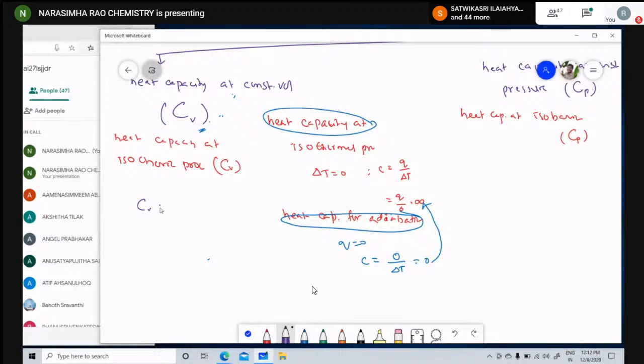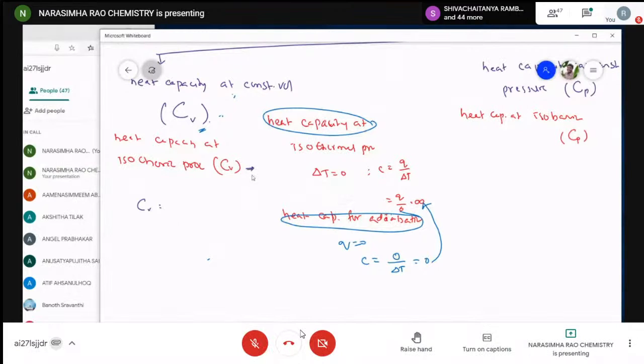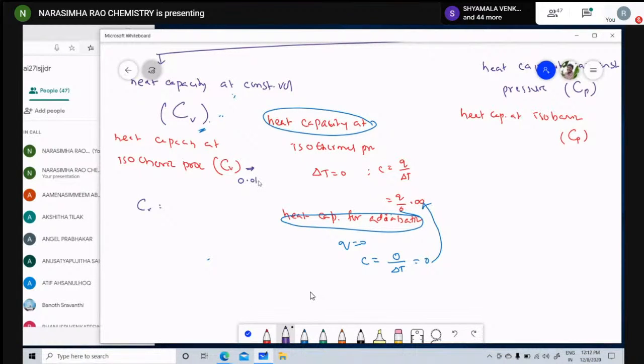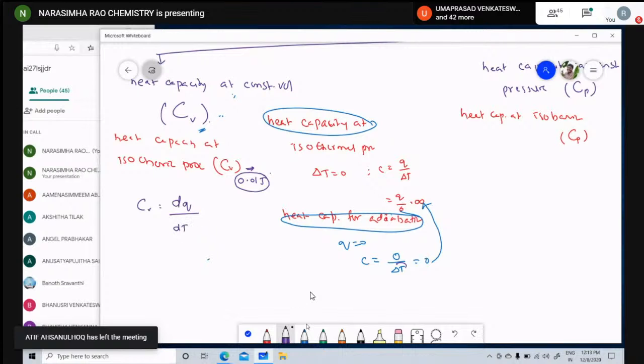Cv is equal to the change in temperature. A small amount of energy is given, say 0.01 joules. A little bit of heat or energy supplied is considered as dQ, and the resulting temperature change is also very small, dT. These two are at constant volume.